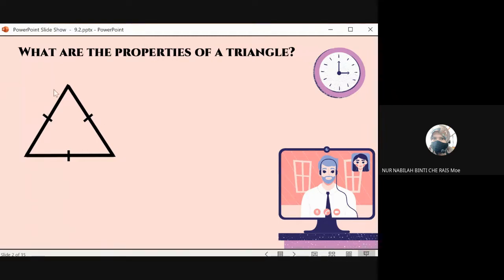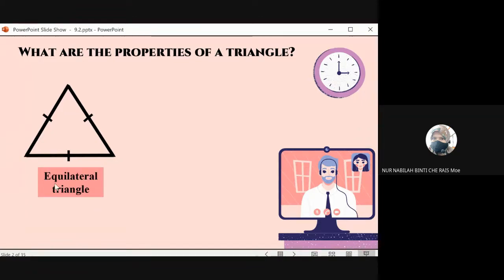If you have a triangle with a mark on each side like this, it means that all the sides are equal in length, the same length. This triangle is called an equilateral triangle.